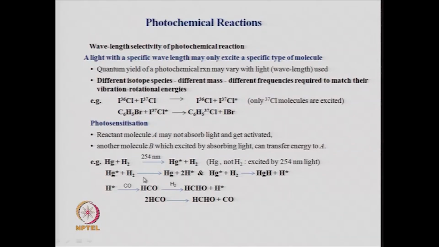This hydrogen once produced can then react with carbon monoxide to form sugars, and then those sugars can be reduced with hydrogen gas to form formaldehyde. So, these are reactions where you can understand what is a photosensitizer.